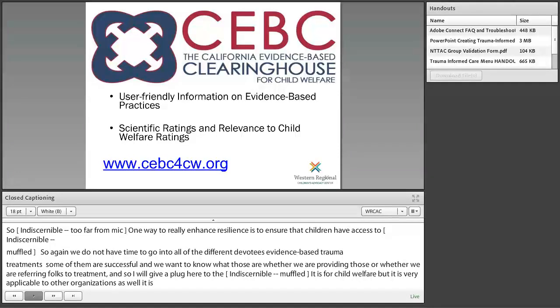You can type it into the CEBC and see what the rating is, whether it is a well-established treatment that is well supported by the literature, or whether there's not really support in the literature for it to be an impactful or evidence-based treatment. So this is a really nice resource when we're trying to educate ourselves around evidence-based treatments for trauma.